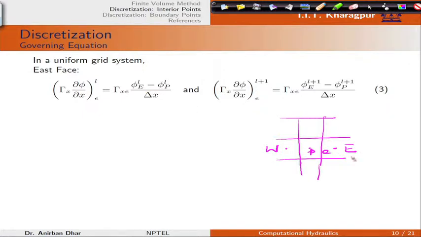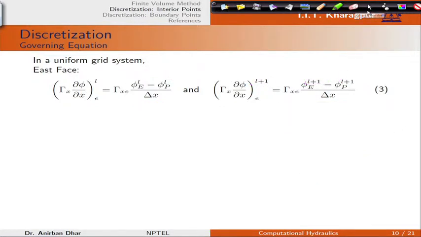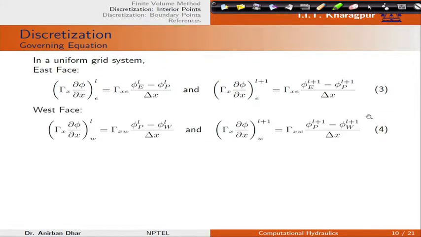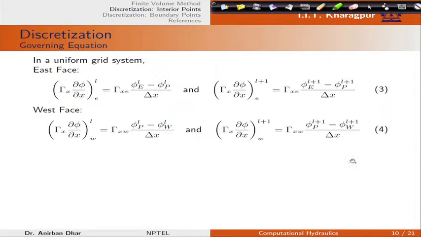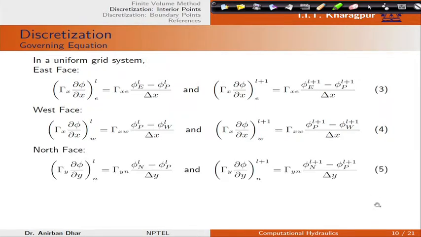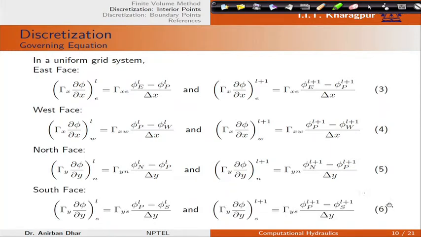So, for east face, phi E minus phi P, this is at the Lth level because the time level is L. For the L plus 1 level, again we can write the same discretization for the L plus 1 time level, and similarly we can write for west face, where phi P minus phi W is required, north face phi N minus phi P, south face phi P minus phi S is required. So, if we substitute these values within our original governing equation, we can get the discretized form.